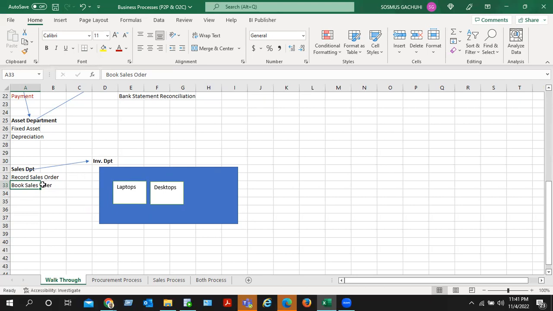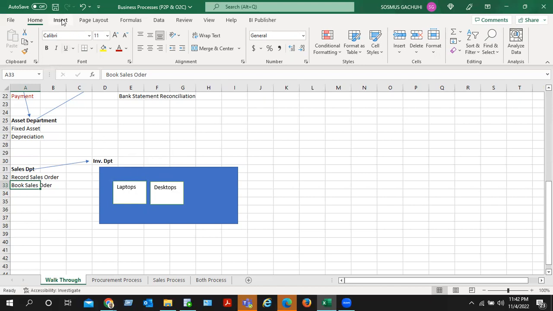The information will be communicated to the inventory department. For example, the sales order has 20 laptops and 20 desktops.